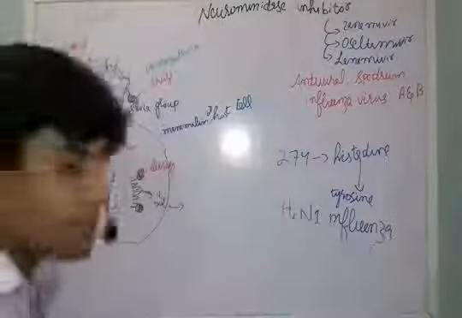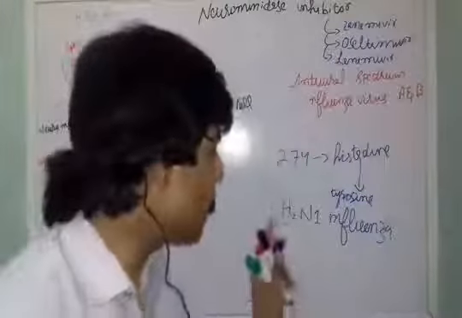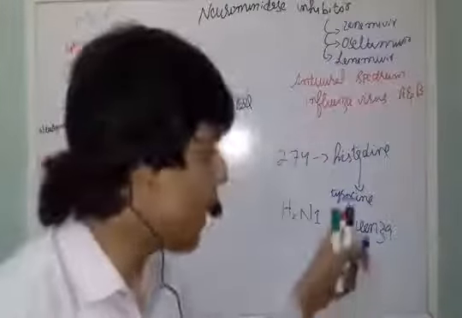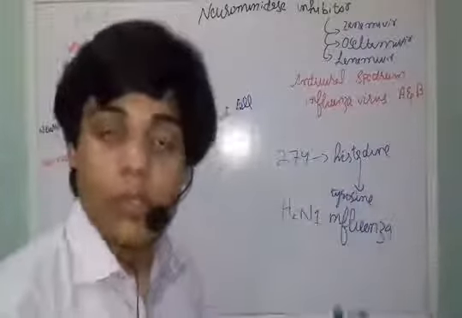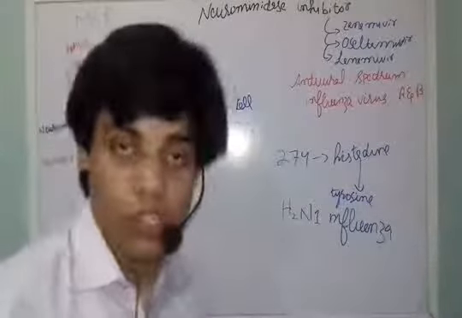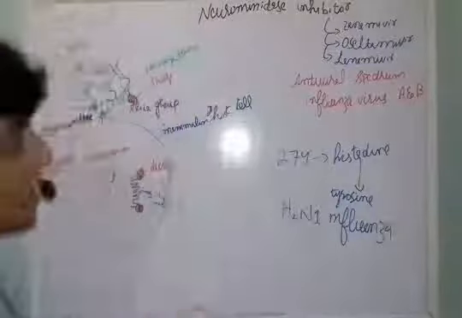This is a strain of influenza virus. Now this influenza virus strain has tyrosine instead of histidine. So that's why this influenza virus shows resistance. So this is the resistance.